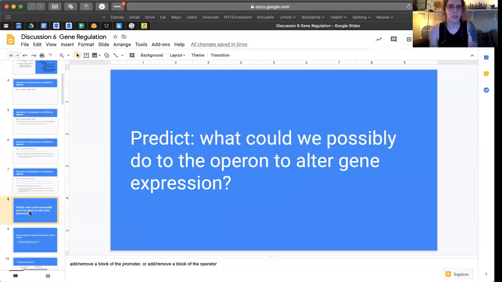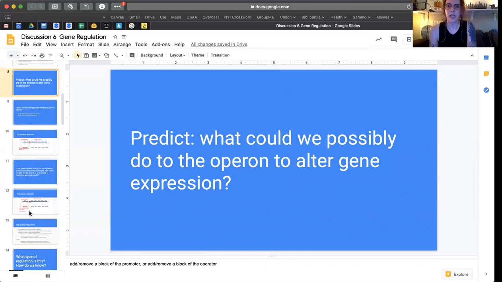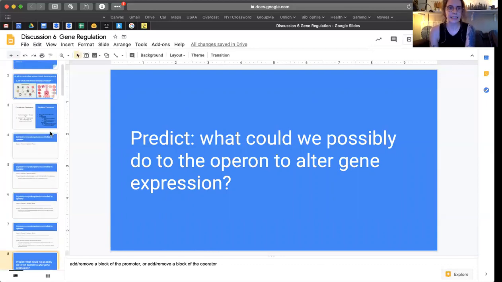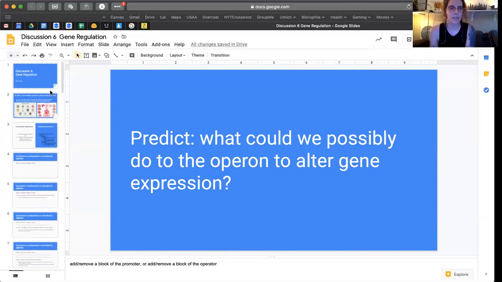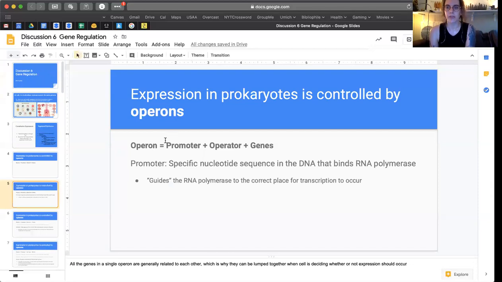Okay, so first we can predict what are some things that we could possibly do to the operon to alter the gene expression. I hinted at this a little bit, but going back here, we remember that the operon is a promoter, an operator, and the genes. So I already said we could modify this operator to block the RNA polymerase from transcribing.